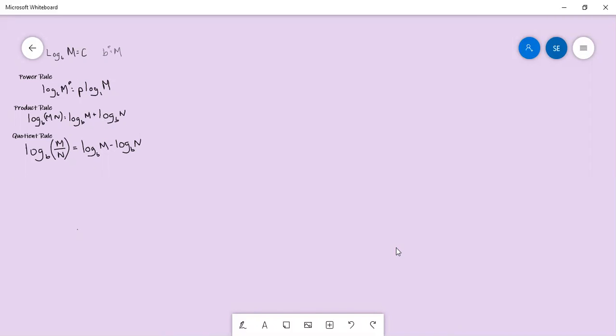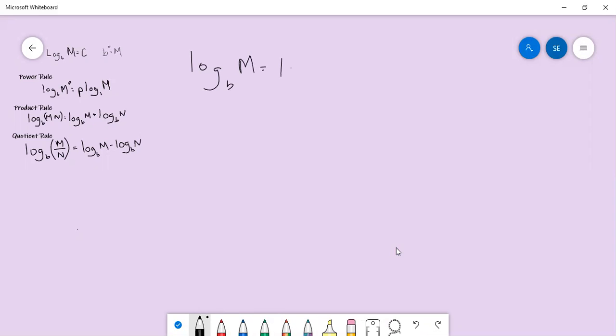So in other words, let me write this out and make more sense. We have log base b of m is equal to log base b of n. The logarithmic function is one to one, so we can say m is equal to n.